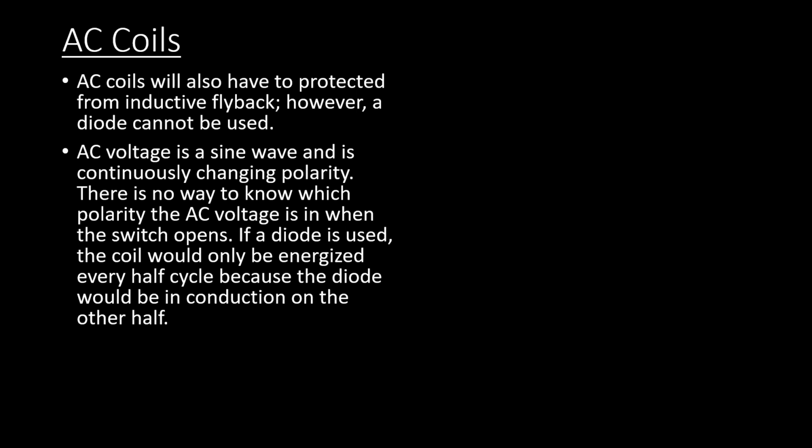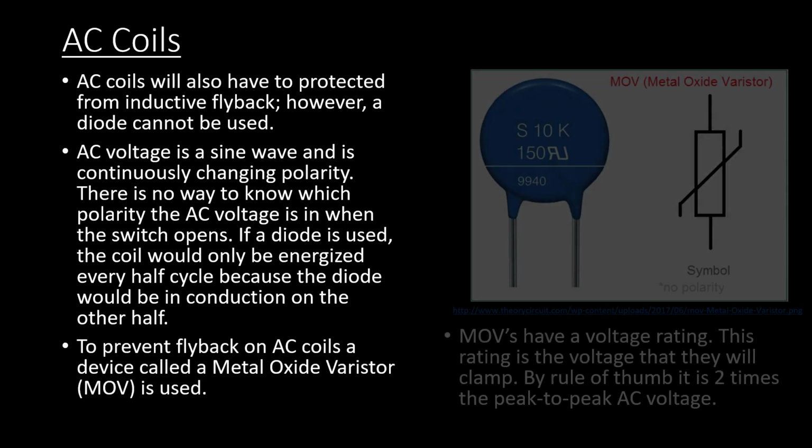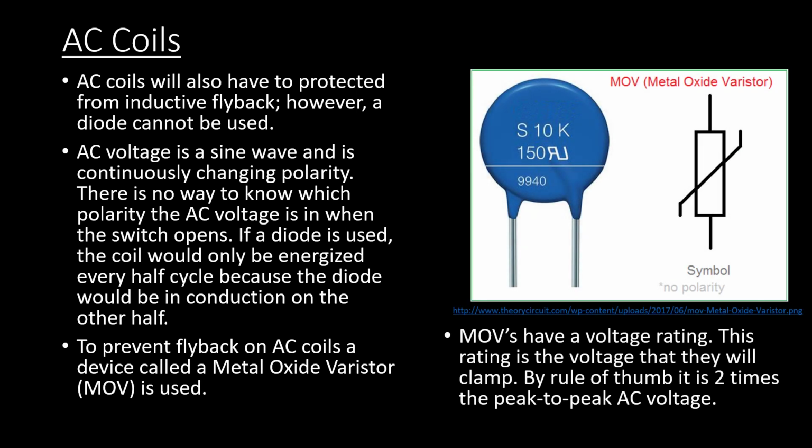So I have to have another way of protecting that particular switch from AC flyback. That device is called a metal oxide varistor, an MOV. Here's a typical picture of an MOV.